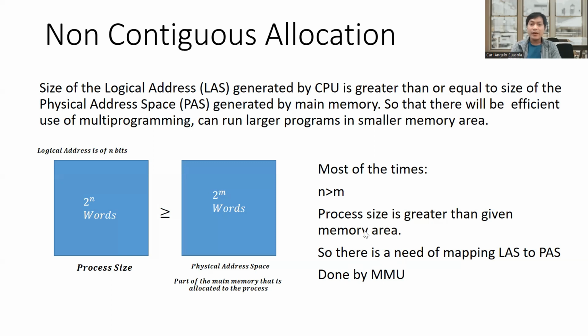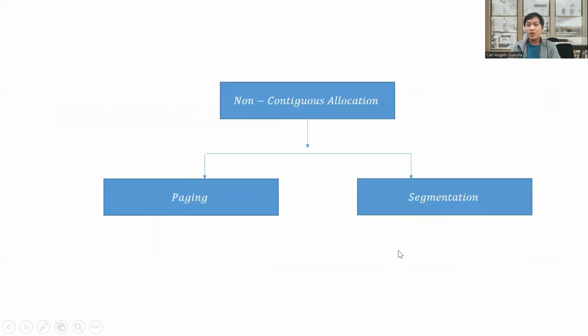In non-contiguous allocation, we will look at the solutions or implementations that we'll be using. When we say non-contiguous allocation, a certain process is allocated in memory in different areas, unlike contiguous allocation, where there is a series of how they are allocated in memory.